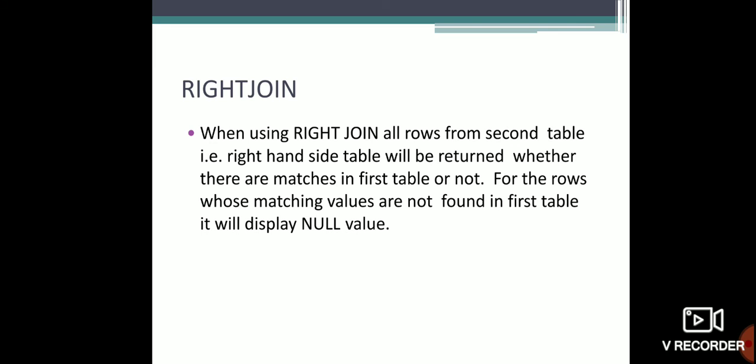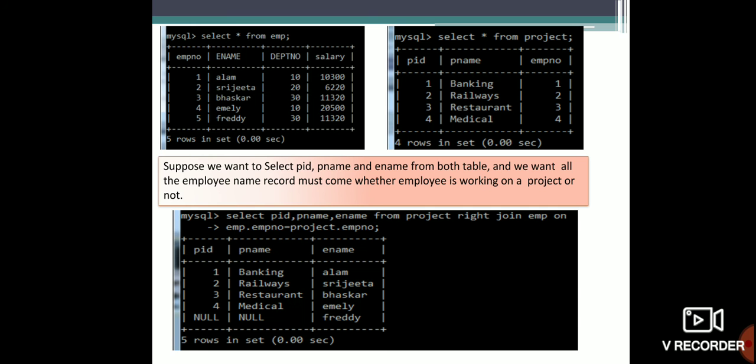For the rows whose matching values are not found in the first table, it will display null value. You can see there are two tables, select asterisk from employee and select asterisk from project. In this, I want to show only PID, P name and E name.